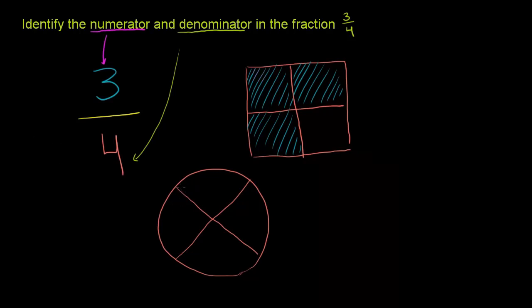They would eat 3 of the 4 pieces. So this is 1 piece, this is 2 pieces, and this is 3 pieces. So you can imagine the 4, the denominator, represents the total number of pieces in the pie, and the 3 represents how many of those we ate.